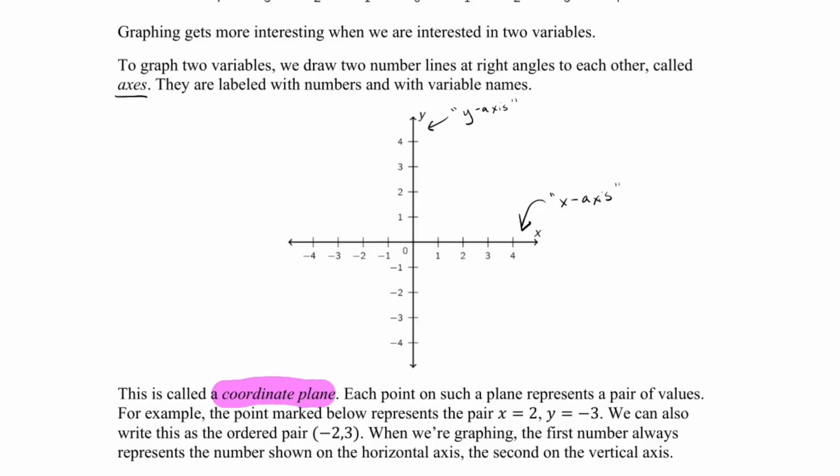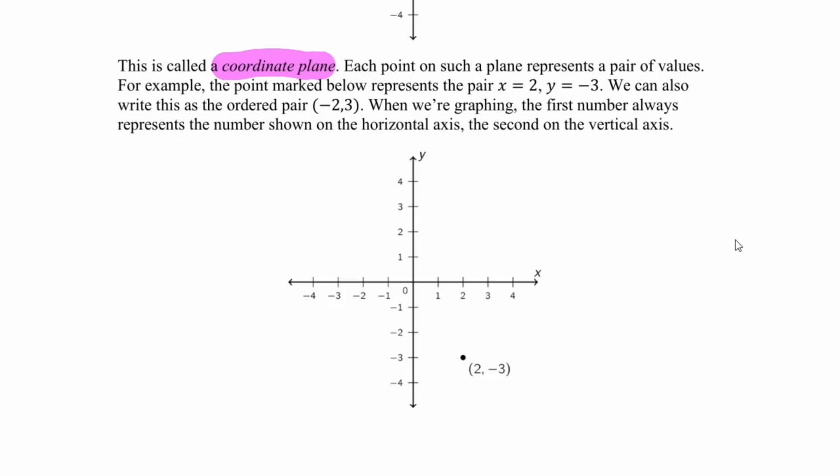What we mean by that is that every point on this plane has a pair of coordinates. Here we're looking at the point 2, -3. That means that it's 2 units to the right of the 0 point, and it's 3 units below, again, the 0 point.